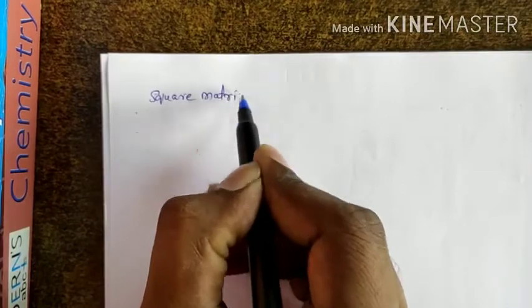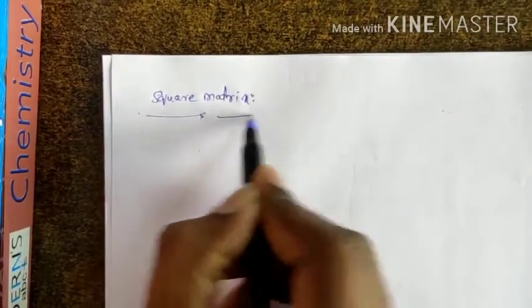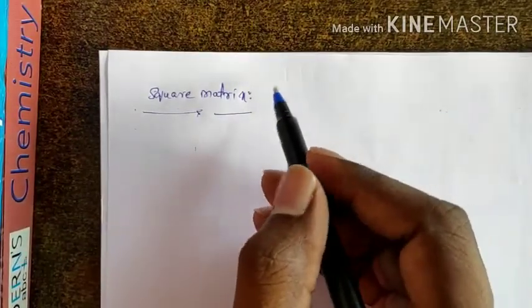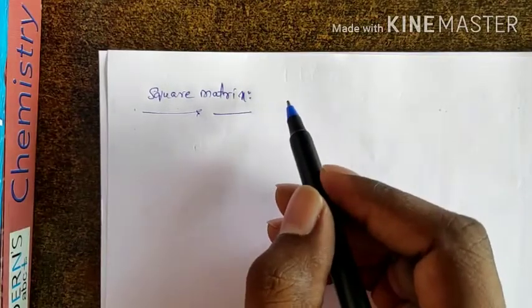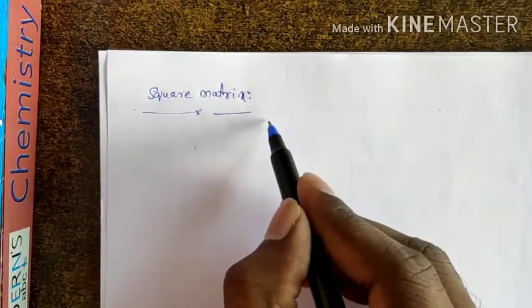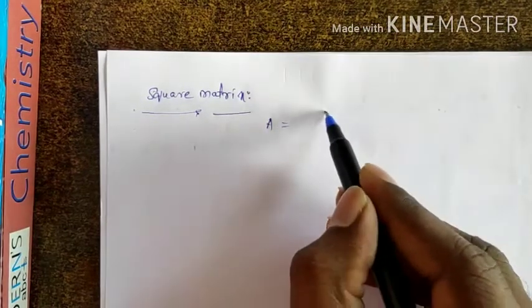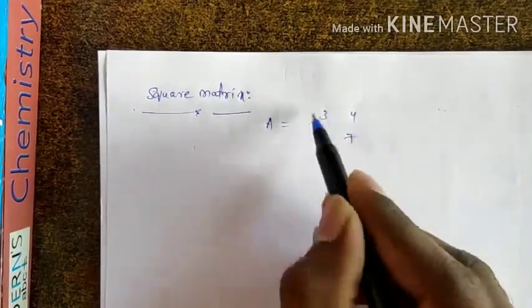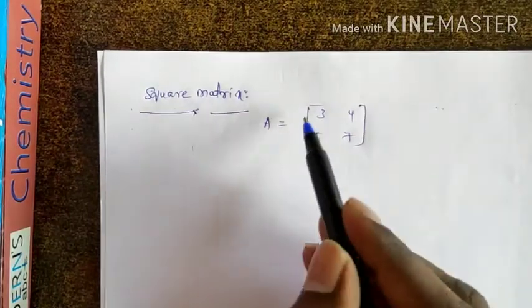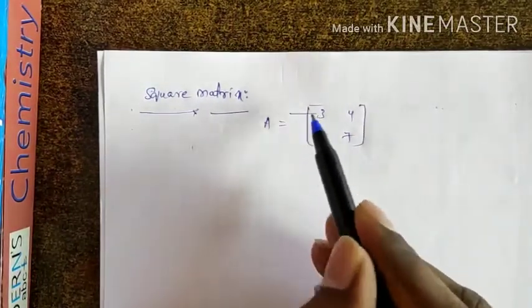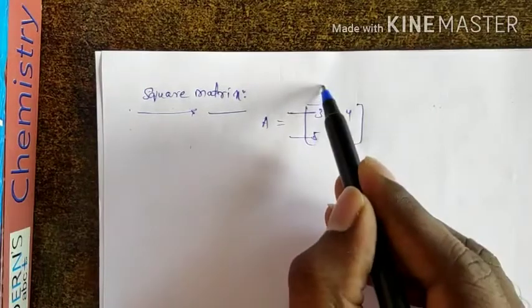Square matrix. So here a matrix is said to be a square matrix if it has the same number of rows and columns. Suppose a matrix A is equal to 3, 4, 5 and 7. So here this matrix has 2 rows and 2 columns.